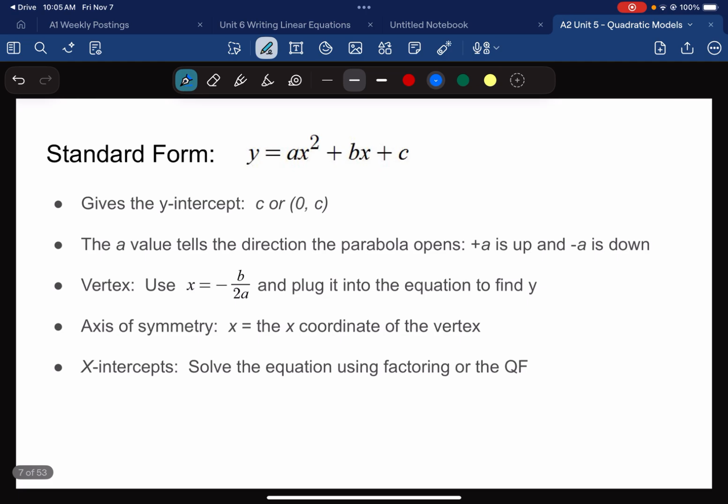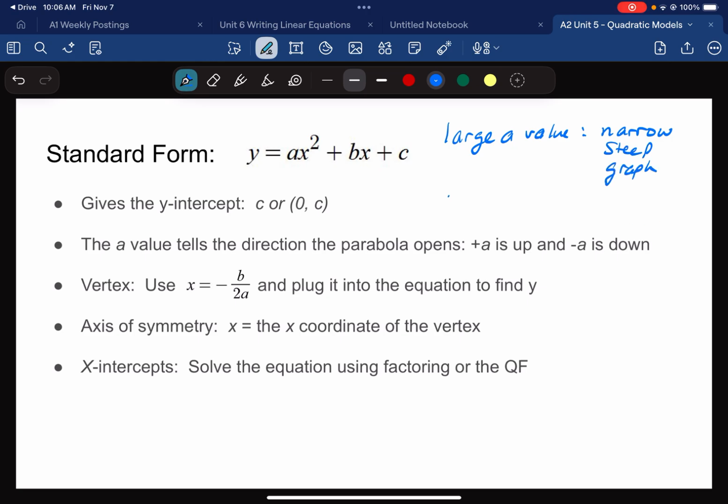So here's standard form. Once again, it gives you the y-intercept, which is just the c value. The a value in every form tells you the same thing. It tells you the direction the parabola opens. If it's a positive a, it opens up, and if it's a negative a, it opens down. And the other thing I'll tell you about the a value is if you have a large a value, it's going to be a narrow, steep graph.